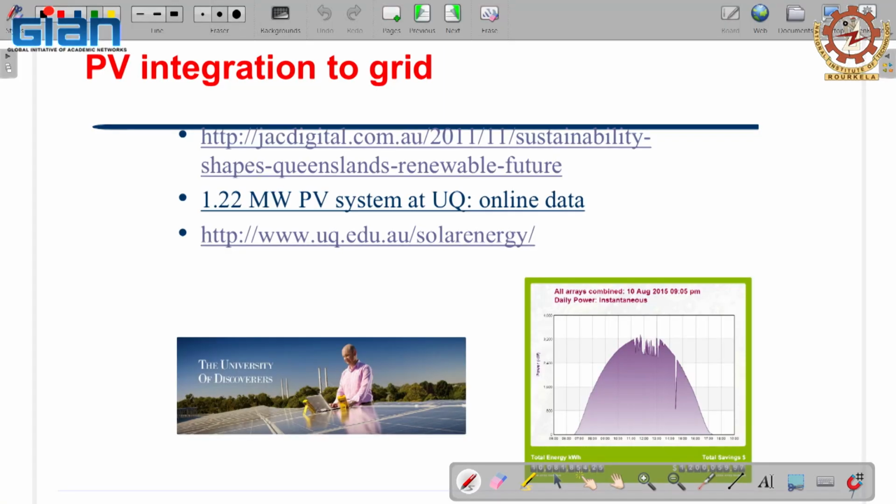Then I already mentioned that at the University of Queensland, we initially built a 1.2 megawatt PV system on the main campus. Thereafter, it was expanded to other campuses as well, so the total capacity was 5 megawatt.